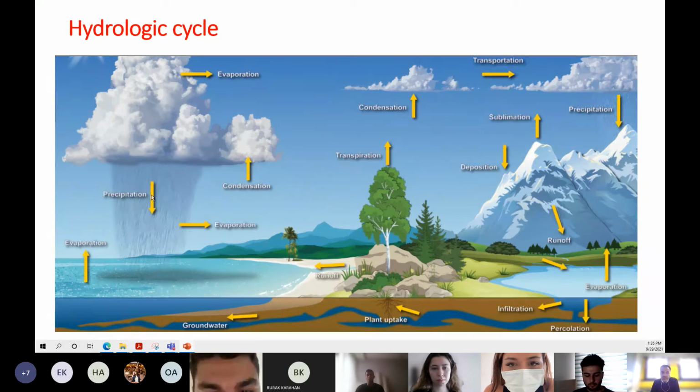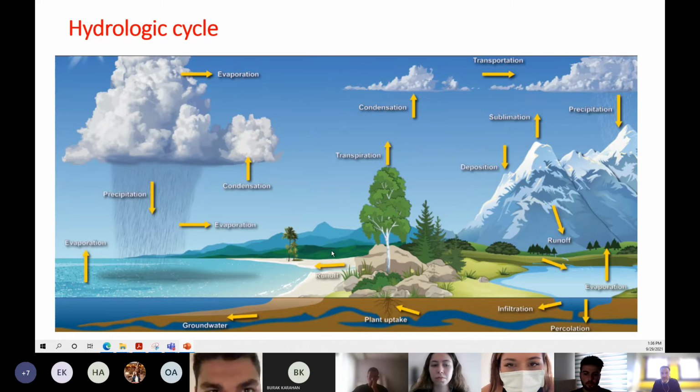Let's continue with the definition of each word. Precipitation is the water or snow that comes from clouds. We have evaporation, which means water evaporated from the ocean, or evaporation can be from the lakes. Evaporation also can be from land.